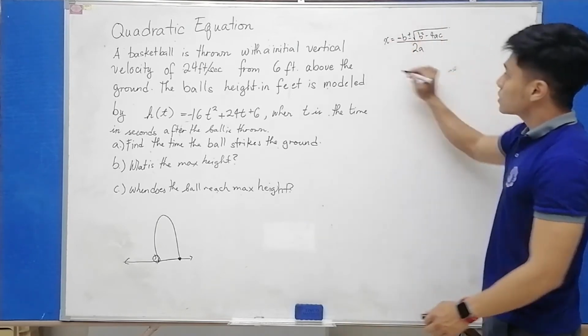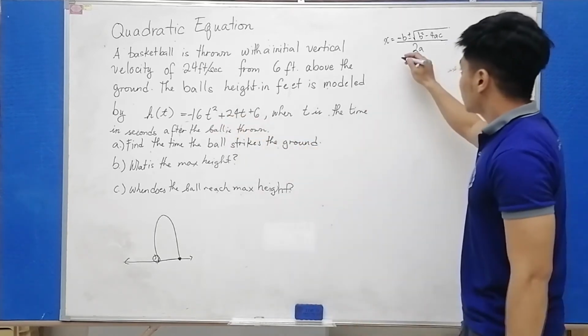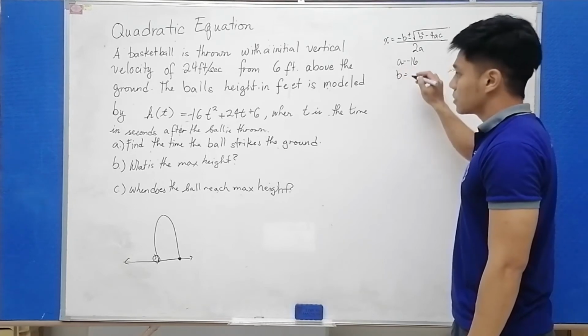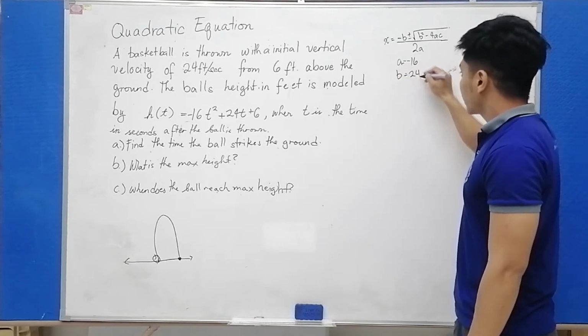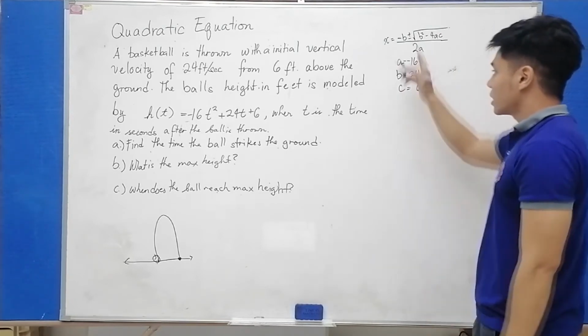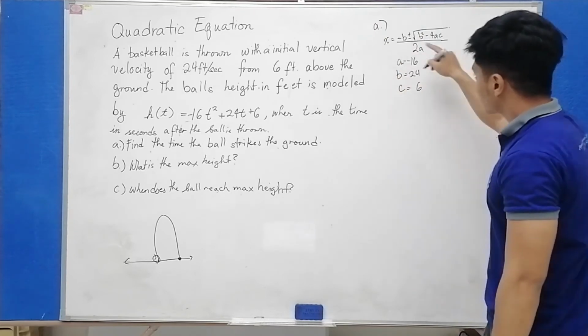So using this formula with this equation, we have a equal to negative 16, b equal to 24, and c equal to 6. So we'll substitute these in this equation.